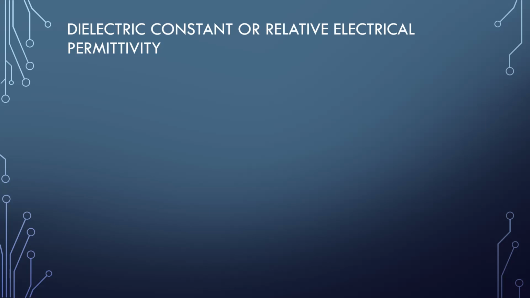And now we move further and talk about what is dielectric constant or relative electrical permittivity. Dielectric constant is also called relative electrical permittivity. We have already talked about the force between two charges when they are placed in vacuum at a certain distance.